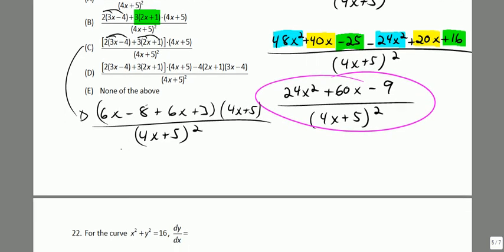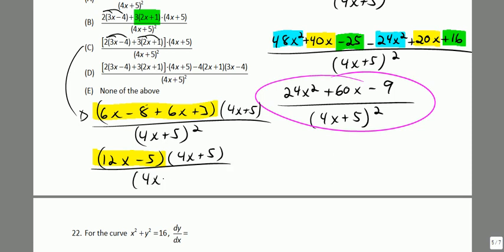So I'm going to clean up the numerator. 6x and 6x is 12x, 12x minus 5. That is this part times 4x plus 5 over 4x plus 5 squared.